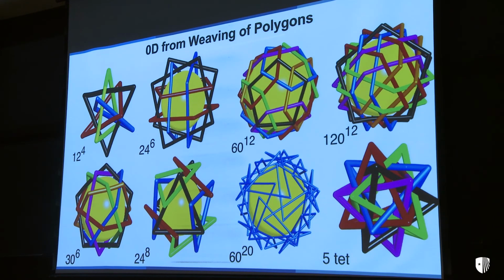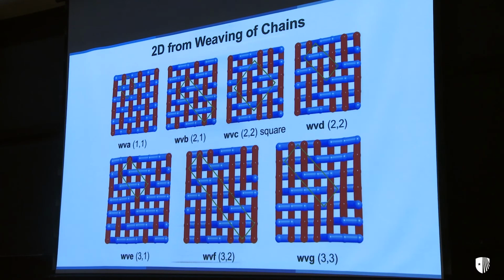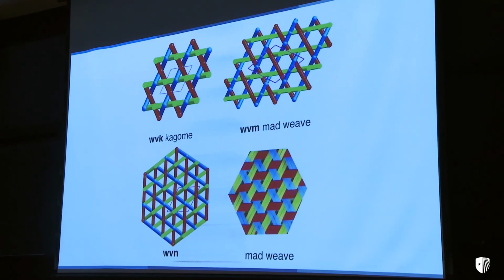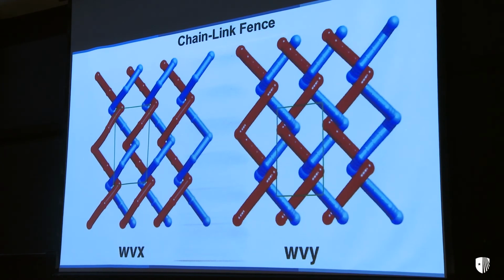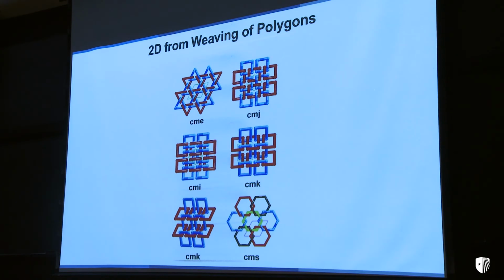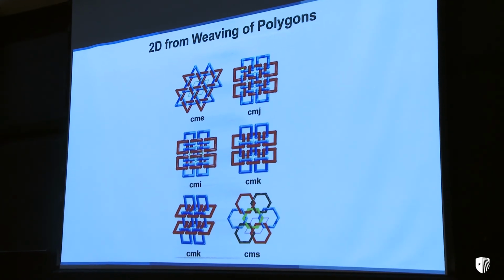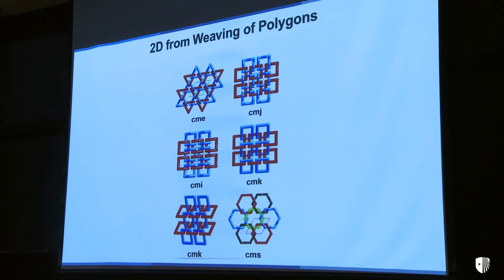You can make discrete objects, polyhedra like this, that are woven, or you could make extended structures that are variously woven. 2D, you can make chain link fence type. You can also do your weaving by having interlocking of rings.